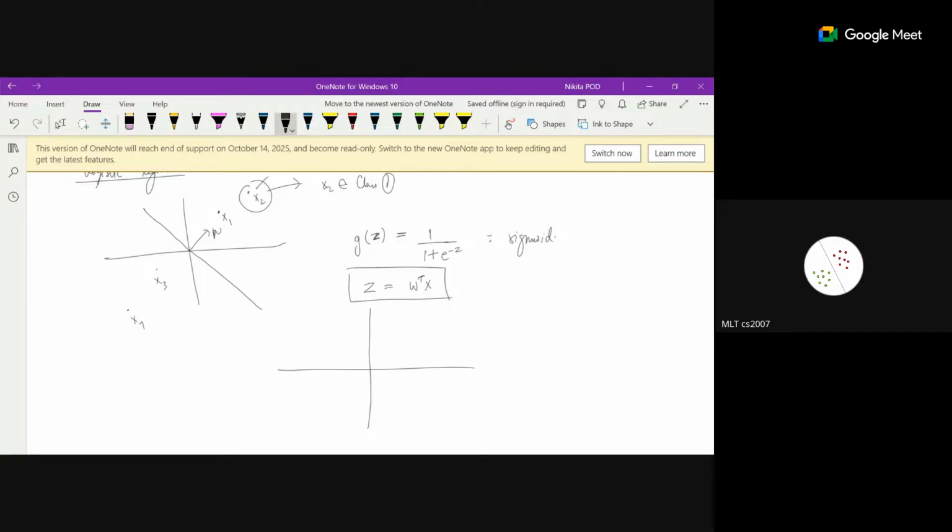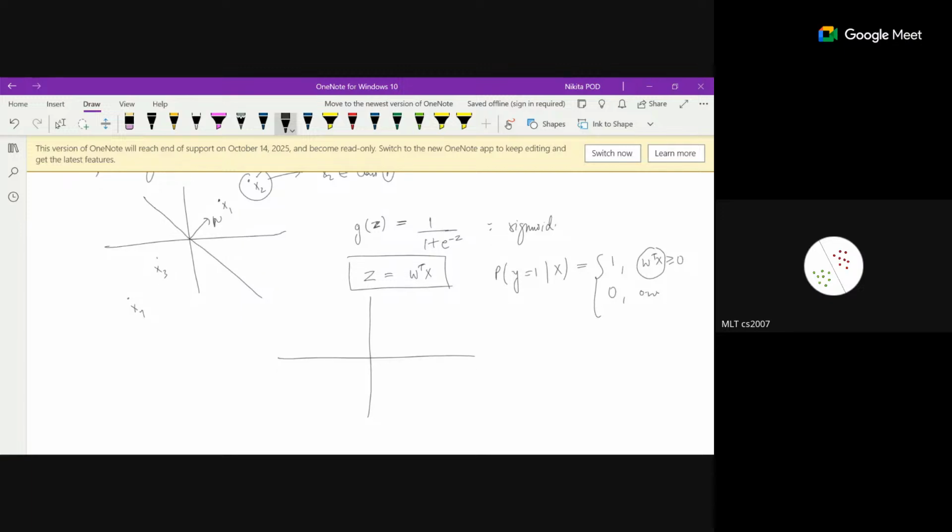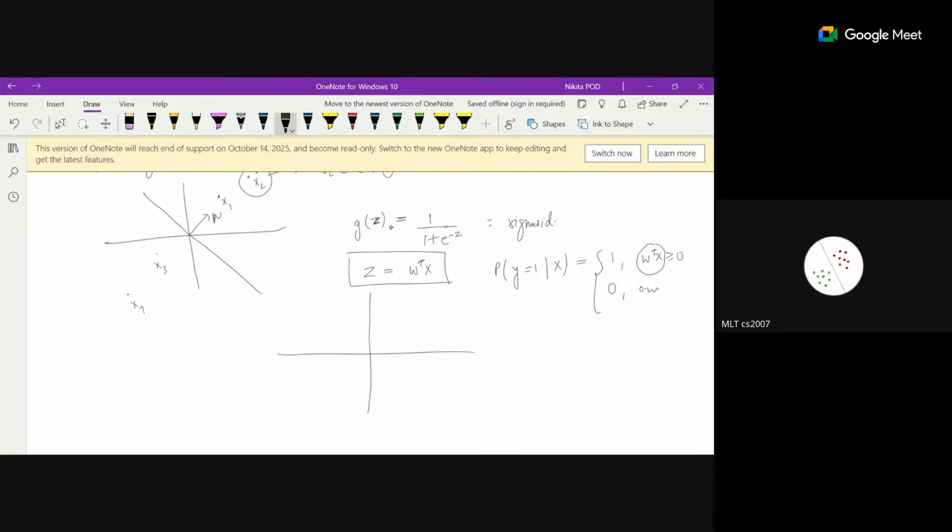What are we trying to do? We wanted the probability of Y equal to 1 given X to be high if W transpose X is greater than zero. And this W transpose X is Z. If you plot this sigmoid function, this is my Z and this is g of Z, and it takes values between 0 to 1.